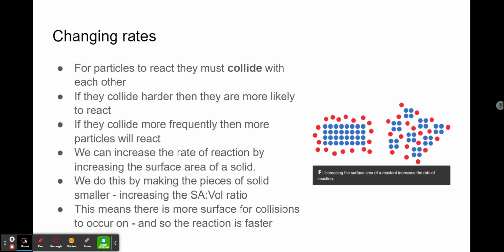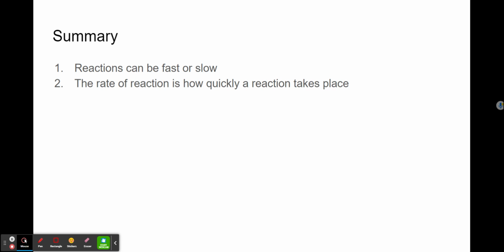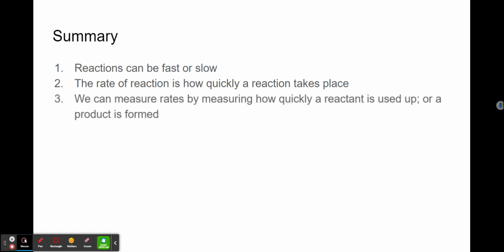Just to summarize what we've said in this short video: one, reactions can be fast or slow. The rate of reaction is how quickly a reaction takes place, the speed of the reaction. We can measure the rate of a reaction by looking at how quickly a reactant is used up or how quickly a product is formed.